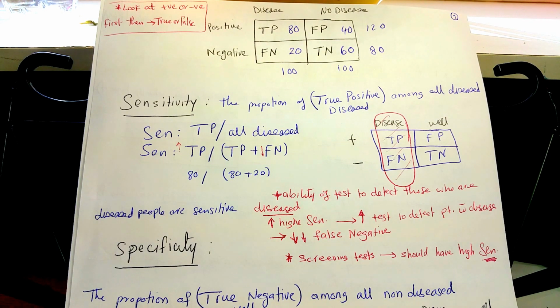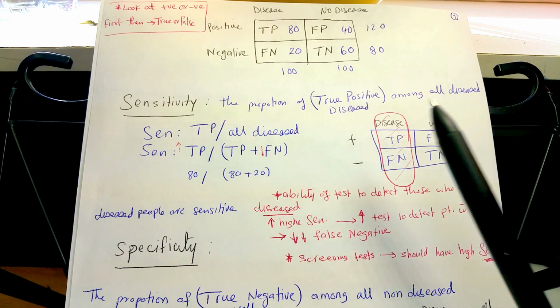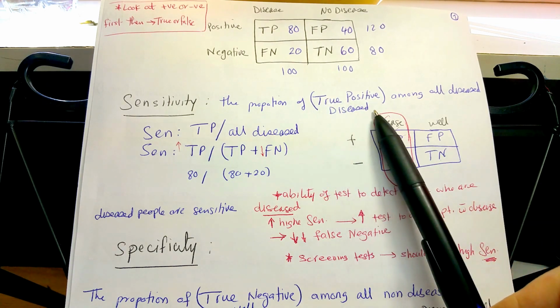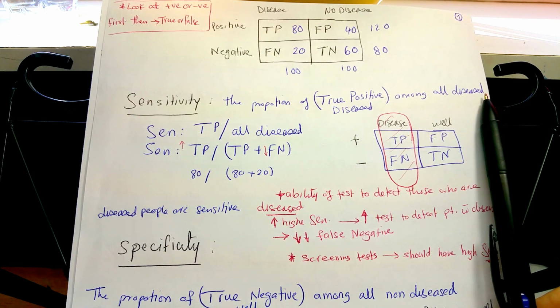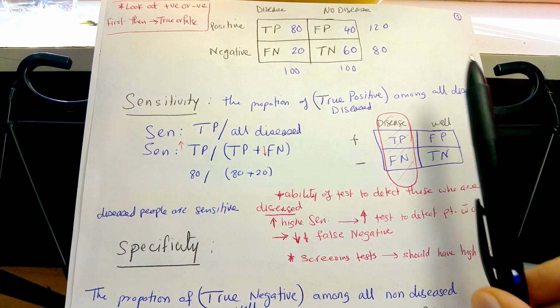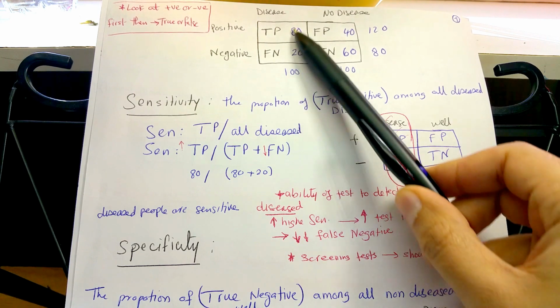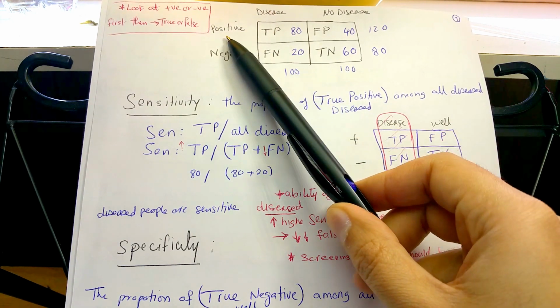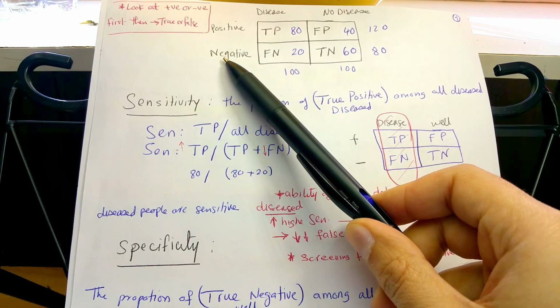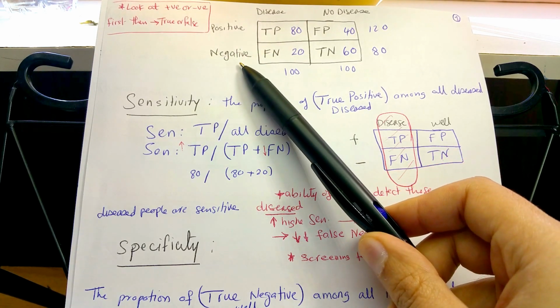So sensitivity is the proportion of true positive, or truly diseased people, among all diseased. So these are the diseased people here. These are all diseased people, whether they're classified positive or they're classified falsely negative according to the test.